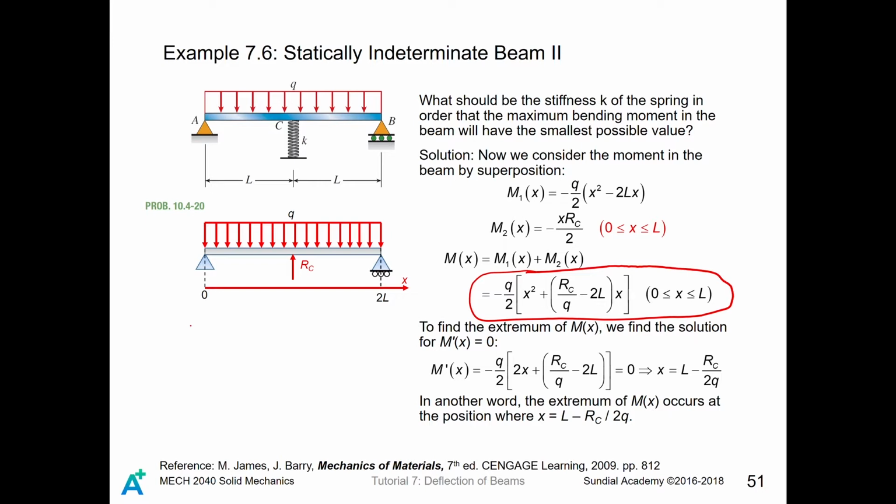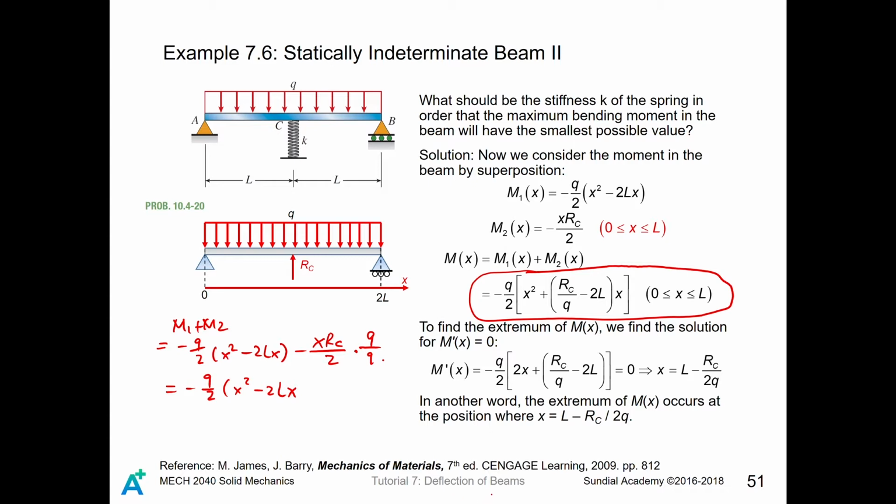So M1 plus M2 equals minus Q divided by 2 times (x squared minus 2Lx). Then you minus x times RC divided by 2, times Q divided by Q. Then it will become minus Q/2 times (x squared minus 2Lx).